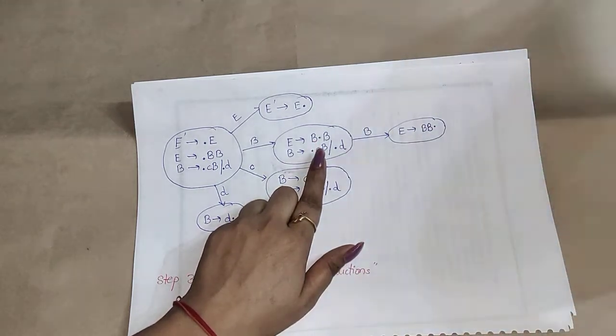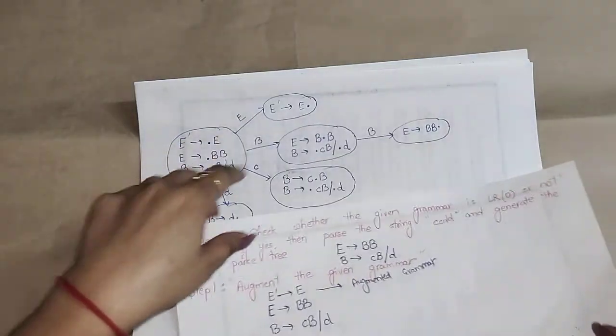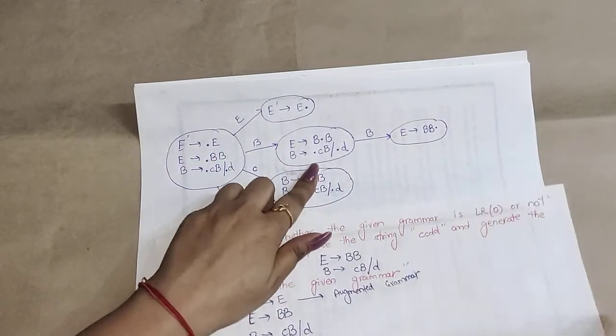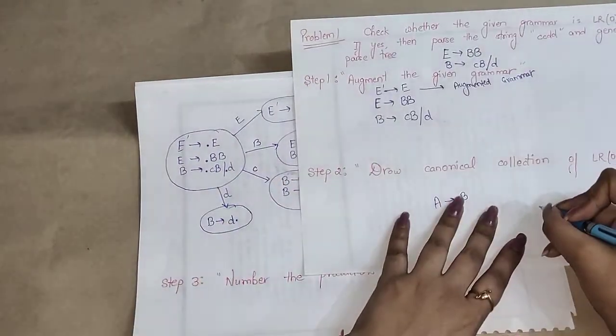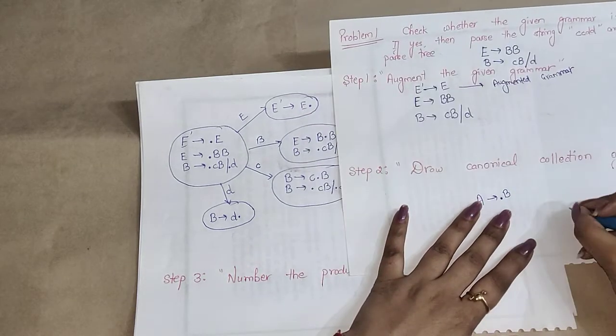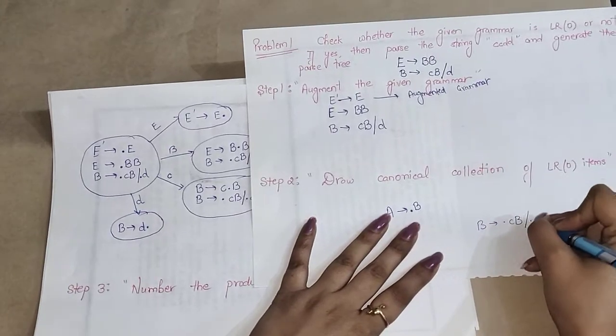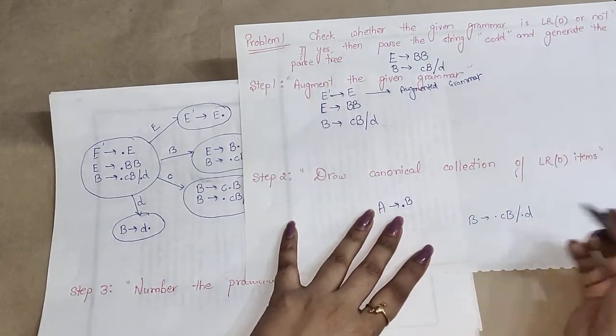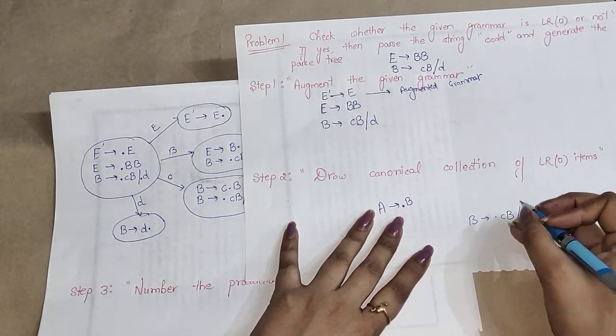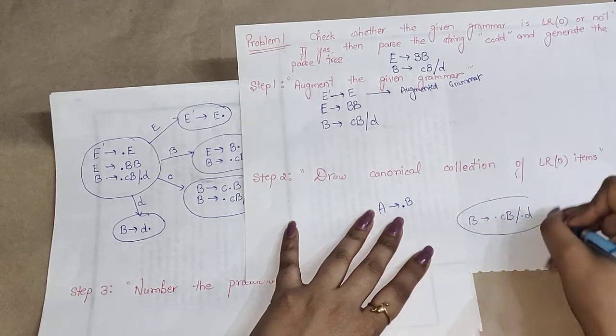Now see one thing, if we make the LR0 items of B2 dot CB, we have this, right? Now if we make its LR0 items, what will we get?